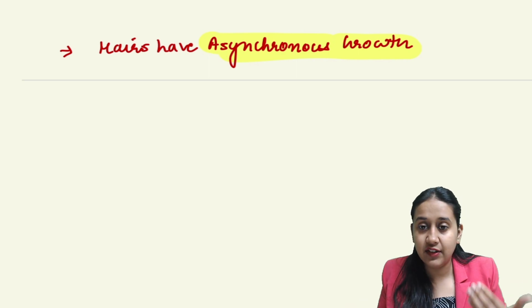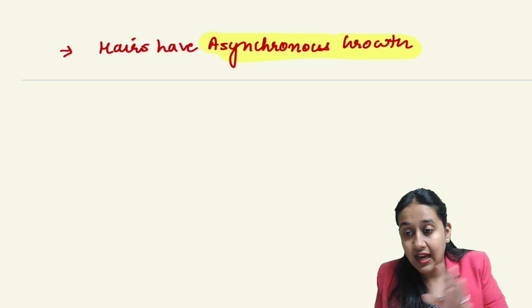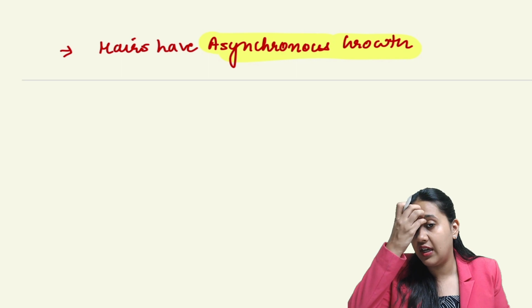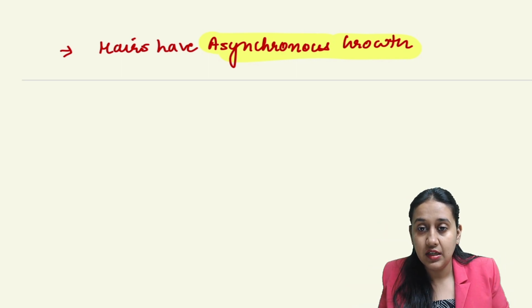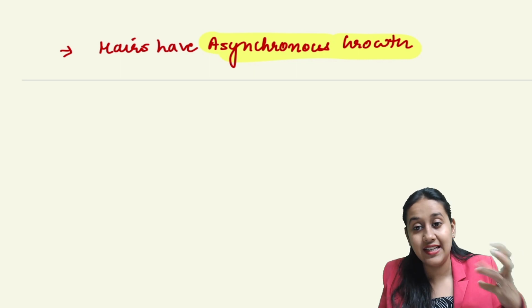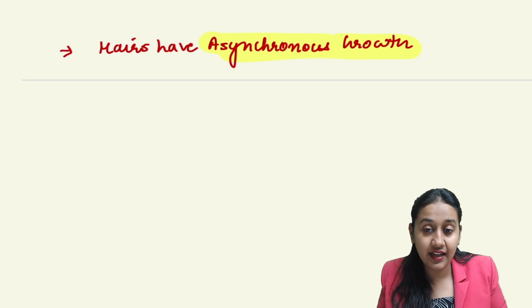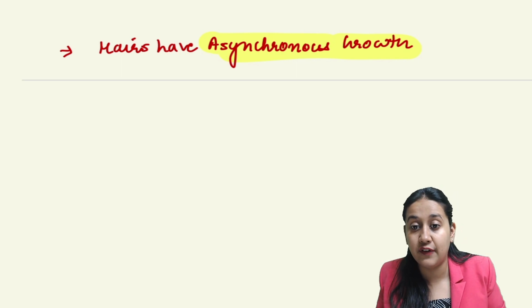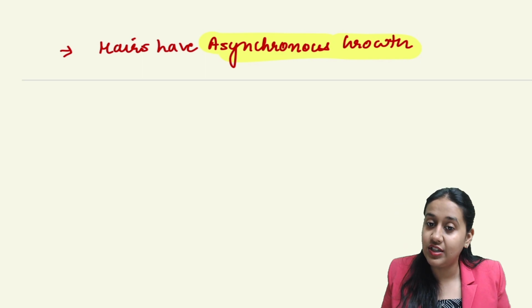So the body will divert all the nutrition to the part where it is required the most, and it will divert the blood supply of the hair, and that is why the hair growth is limited. The only phase where you see the growth is the anagen phase. So in the acute infective stages, the anagen phase gets arrested very fast, and then it enters into a catagen phase or a telogen phase.